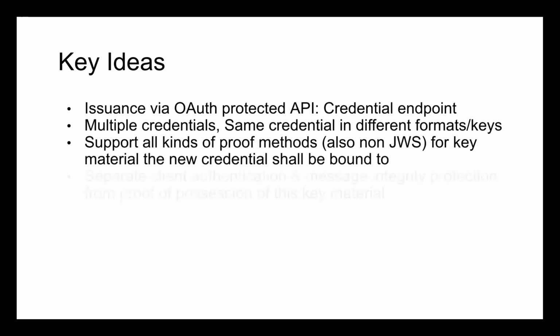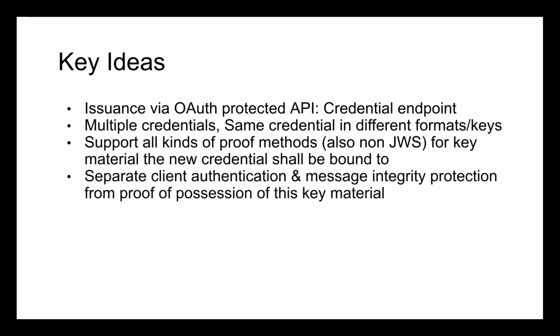And that's why we also decoupled the basic authentication mechanisms and the mechanism for message integrity that are utilized by OAuth, such as JWS attached signatures, from the actual proof mechanisms. I'm emphasizing this because previous implementations and previous proposals somehow used OAuth mechanisms to also implement the proof strategy for the key material. We decoupled that.